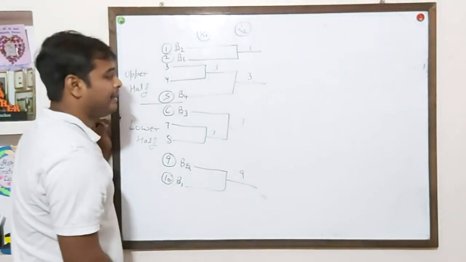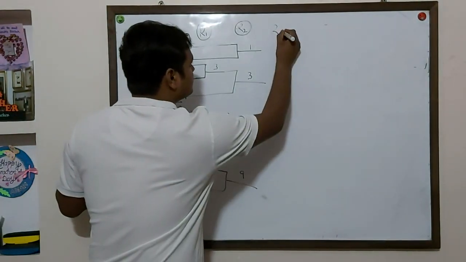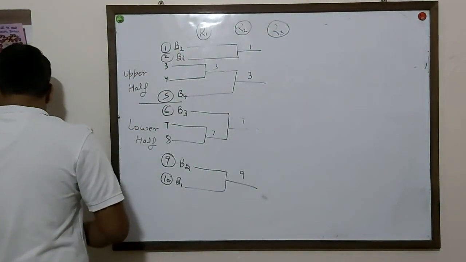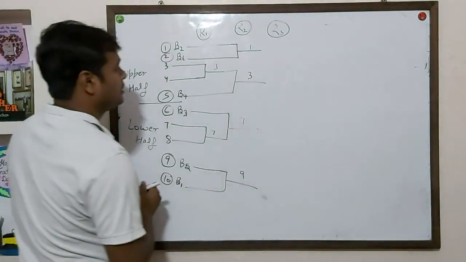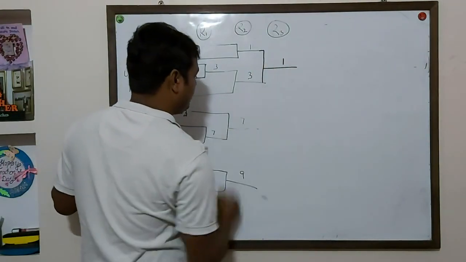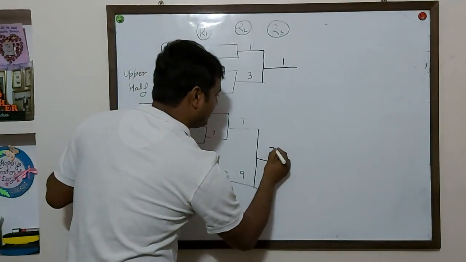Now we have 4 teams. We will conduct round 3. In round 3, 1 versus 3, suppose 1 won the match, and 4 versus 7, suppose 7 won the match.